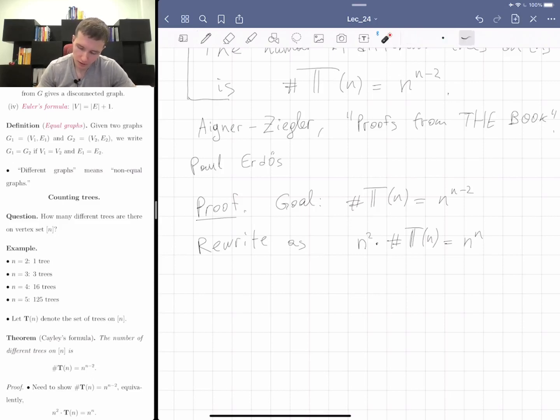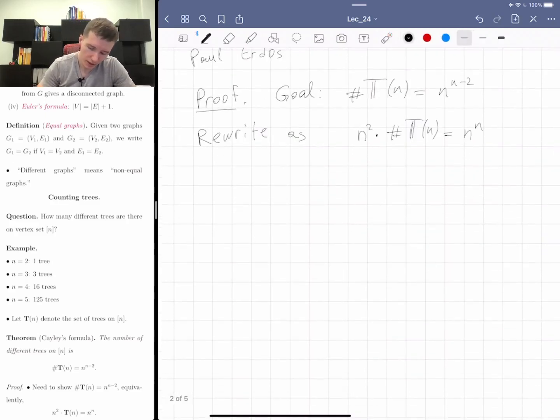Now both of these sides are suggestive in that you can come up with a combinatorial interpretation for each side. I mean, you could do this for the original as well, but it's easier here.